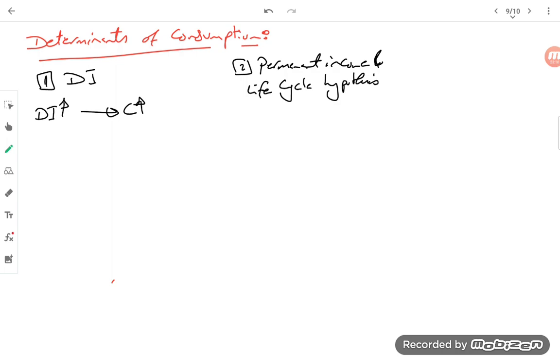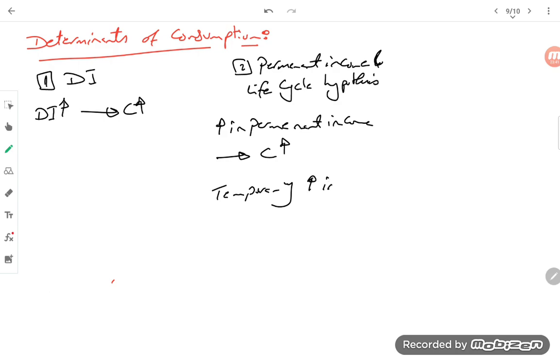So if the increase in income is permanent, then consumption will increase, while if it is temporary, savings will increase, as people would like to keep money for the future. So the relationship between permanent income and consumption is a positive relationship.